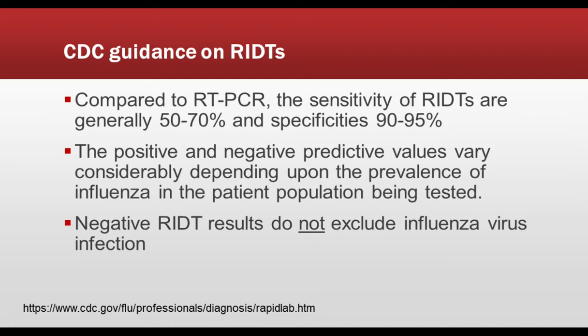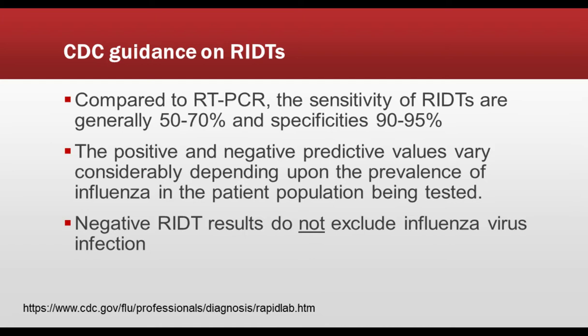CDC guidance on the rapid tests highlights the limitations of sensitivity. I emphasize the second bullet point here, that the positive and negative predictive values vary considerably, and it's dependent on the prevalence of influenza in the population being tested. What does that mean?